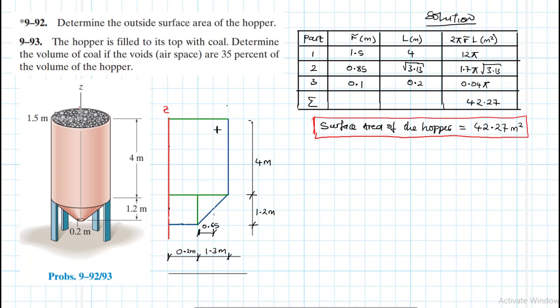So I have my first area, my second area, my third area. Once I've found the areas, I'll need to find their centroidal location, and this centroidal location is perpendicular to the axis of rotation. That is very vital.